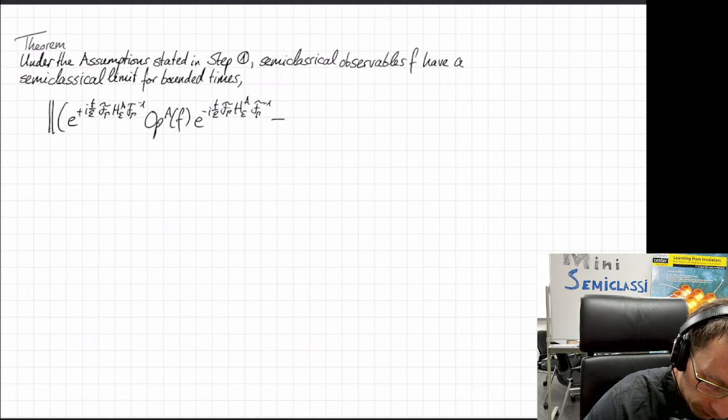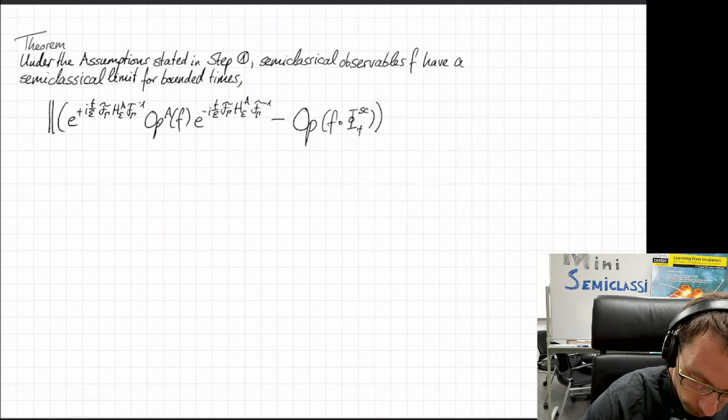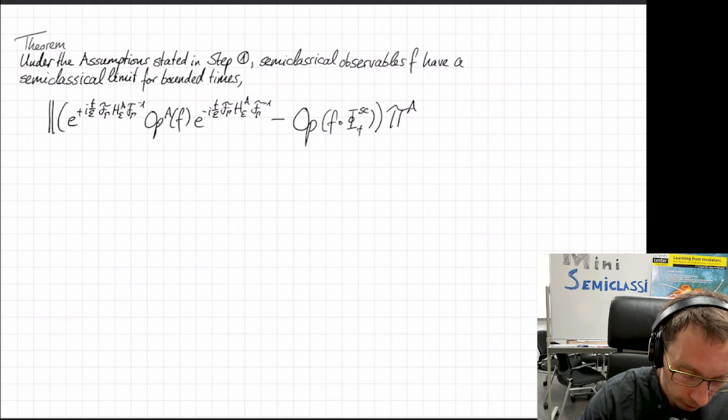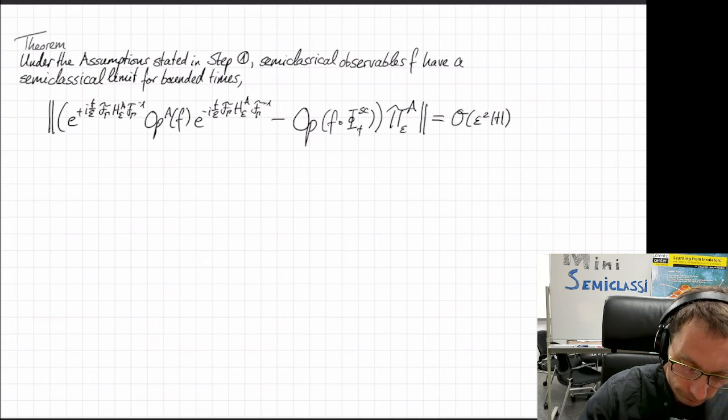And if I compare this full quantum evolution with the semi-classically evolved observable, for states that are from the relevant subspace that is associated to this non-degenerate isolated band, then this here is indeed order epsilon squared times absolute value of t.